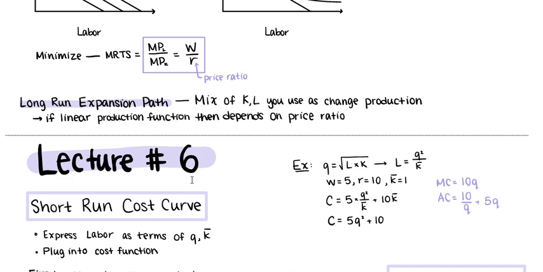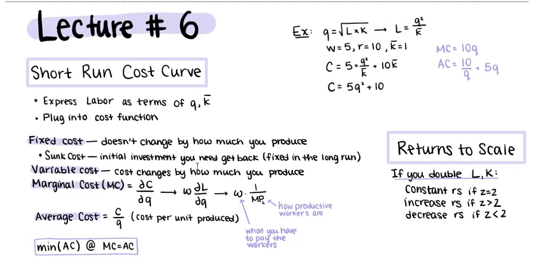just like the wage and rental ratio, you change it. So if it's a linear production function, you don't really care about whether it's wages or capital. It all depends on the price ratio. It's the key of the expansion path.